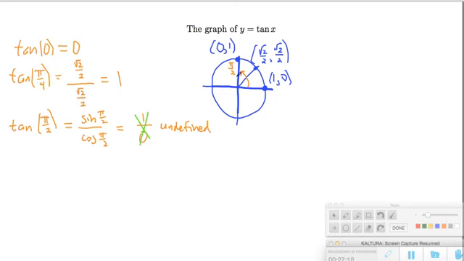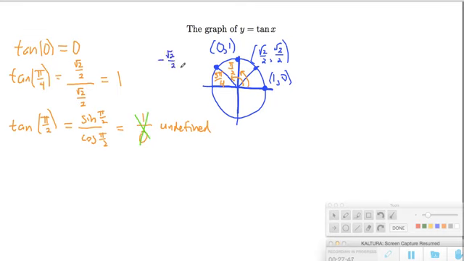Let's see if we can get at least one more point to plot. How about we go ahead and rotate to 3 pi over 4, perhaps? So rotating all the way over here. This is the angle 3 pi over 4. And the coordinates of the point here are the same as they would have been for pi over 4, except that the x value is negative.